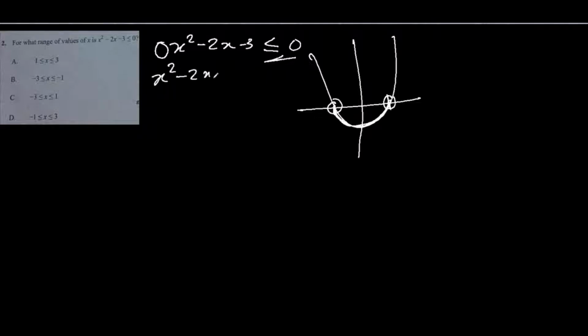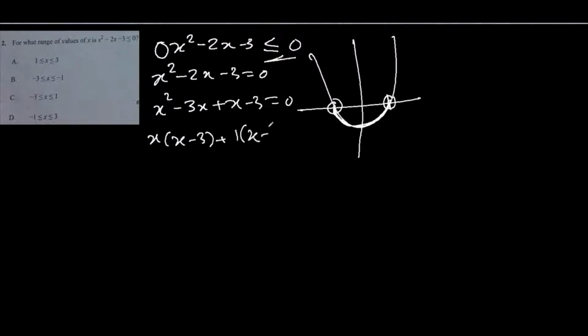x squared minus 2x minus 3 equal to 0. And if I factor this, it becomes like this. So x is common here. So we got x plus 1, x minus 3 is equal to 0.